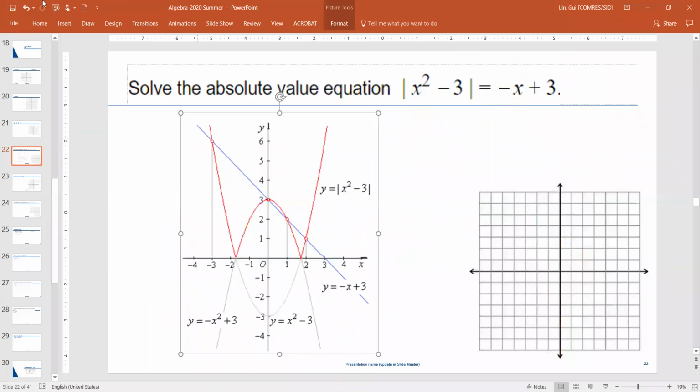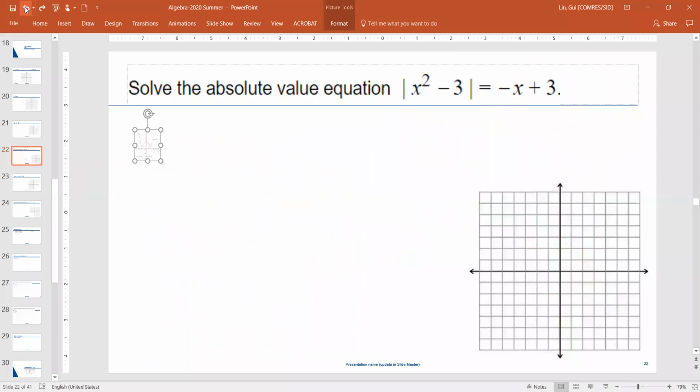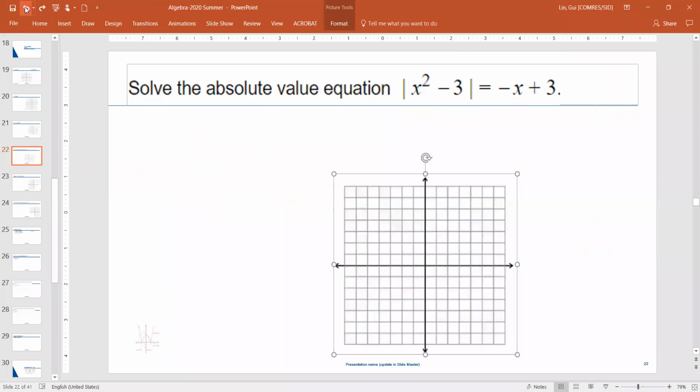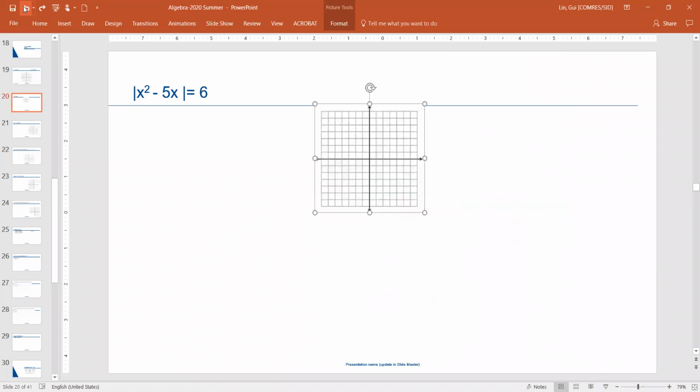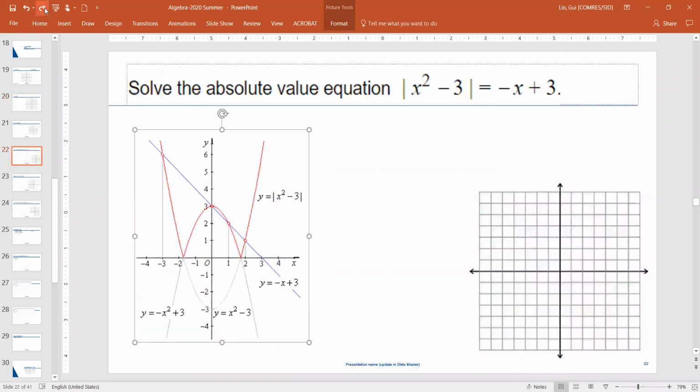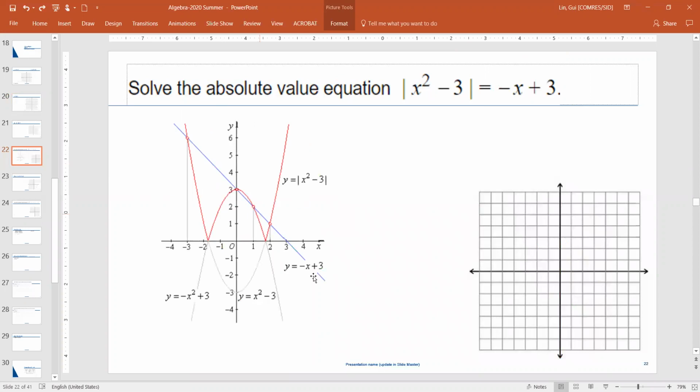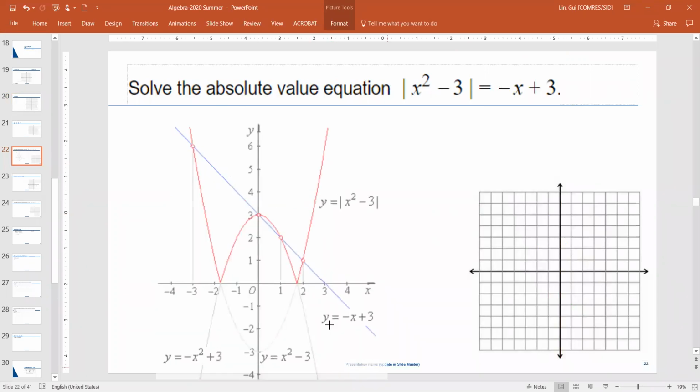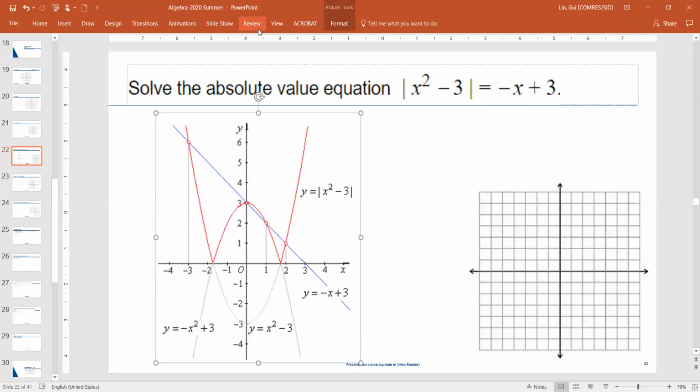Yep, exactly what we are doing. Let me go back a little bit. Oh no, already. I cannot go back to what we were drawing. Okay, so we can see here, this graph for this part initially is right here, right? This one goes down, and after the absolute value, the part flips back to the positive part.